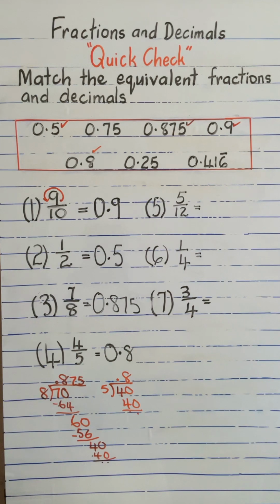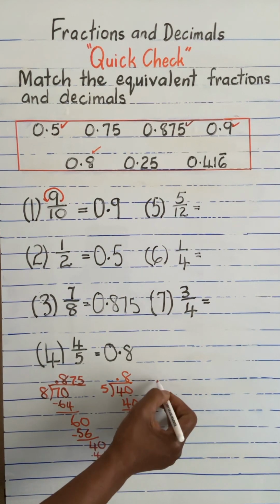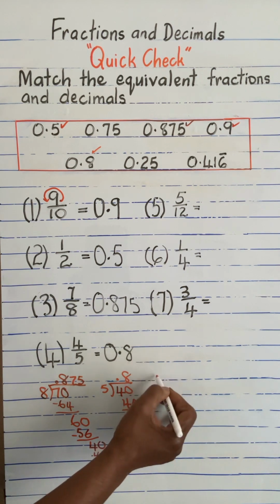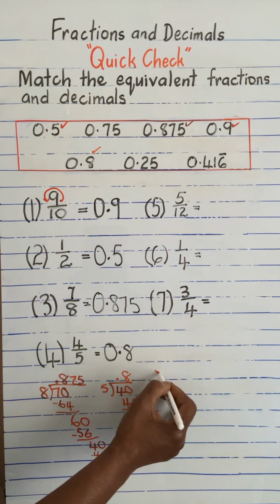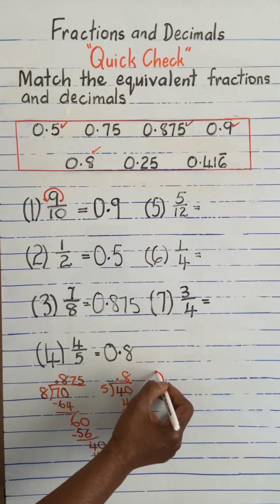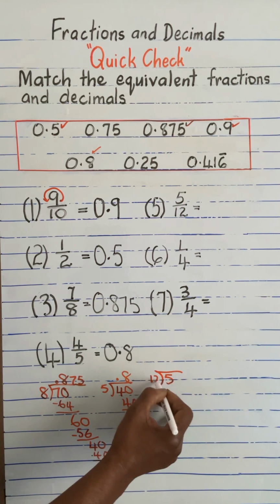Next we have 5/12. And 5/12 is 5 divided by 12.